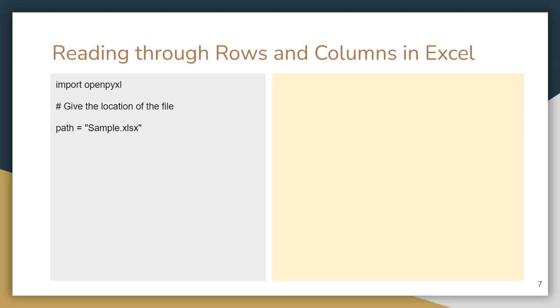In my case, it is example.xlsx, where xlsx is the extension of the Excel file and example is the name of the file. In this case, I am using the same workspace where my Python code or program is, so that's why I am only using the name of the file in the path.